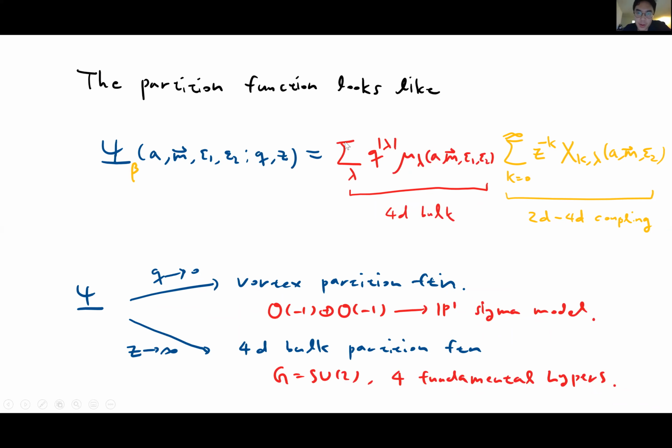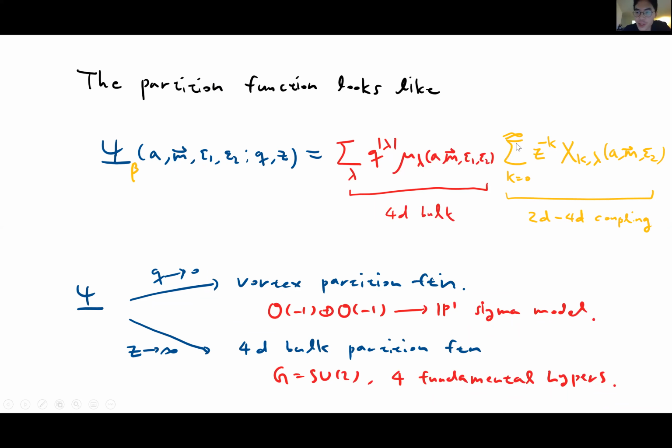So it's a sum over Young diagrams, Q to the lambda, and mu lambda. This Q is the bulk gauge coupling. Mu lambda is a certain measure factor that we impose for each Young diagram lambda. If we don't have this part, this is just the gauge theory partition function.